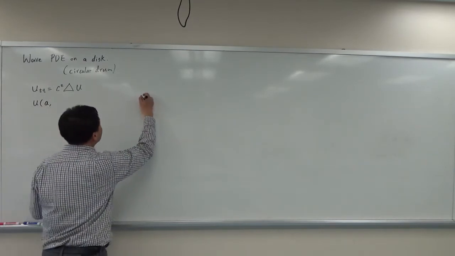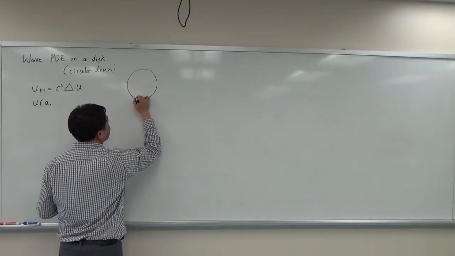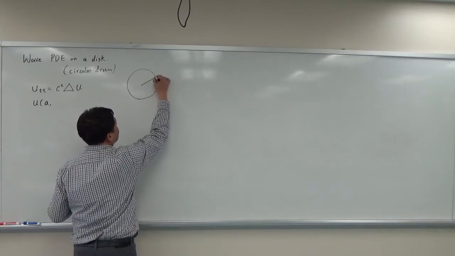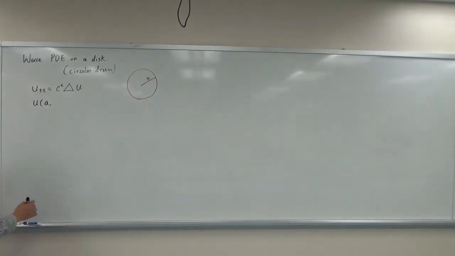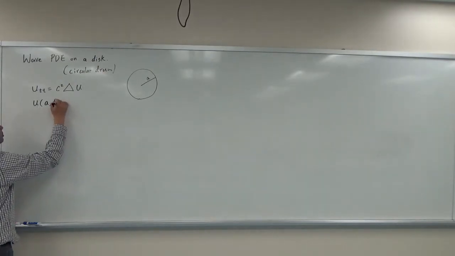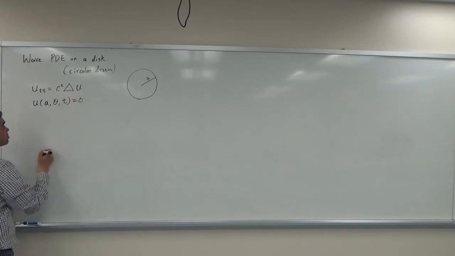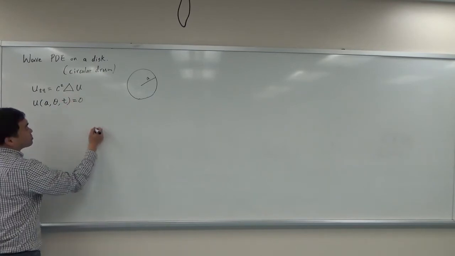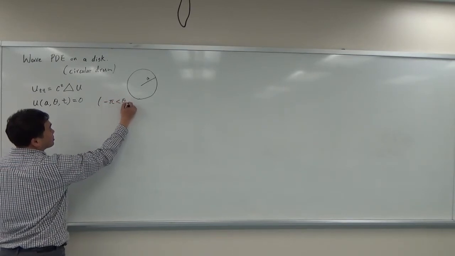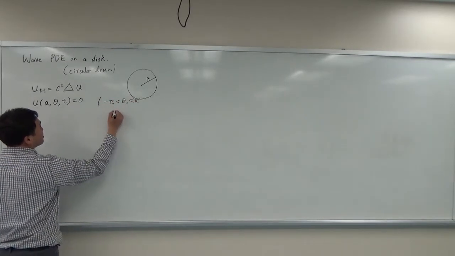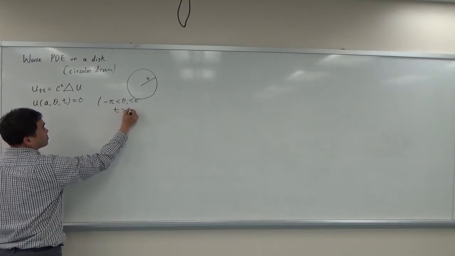So let's say you have a drum whose radius is a. So u(a, theta, t) would be fixed to 0 for theta between negative pi to pi, and t for all times.